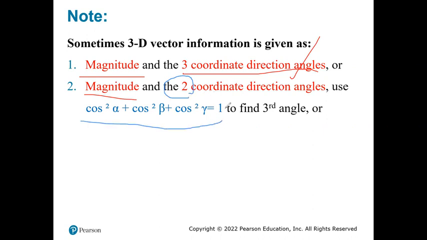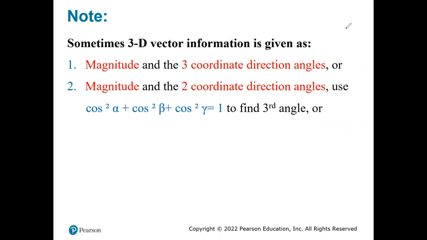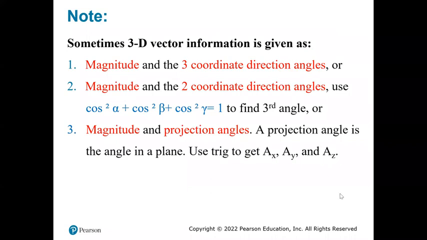We can again use our law because we know those angles are dependent. So we use this law to find our third angle. Sometimes the magnitude and the projection angle are given. The projection angle is what it makes with our plane. So rather than giving what all the forces make with the axes, sometimes you might be given some other angles, some other needed trigonometry angles, which you can use. So you use trigonometry to solve the problems.